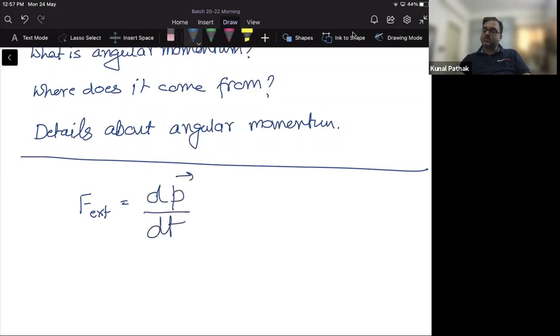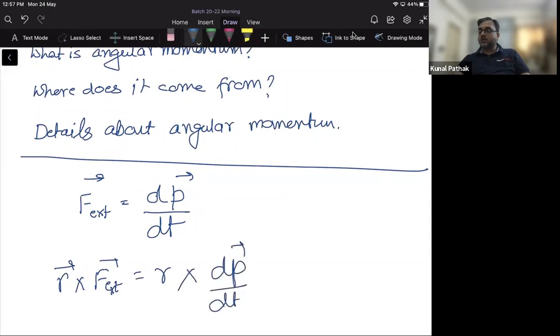We know this, F external is the rate of change of momentum. So I can do R cross F external is equal to R cross dP by dt, which I will write as d by dt of R cross P.